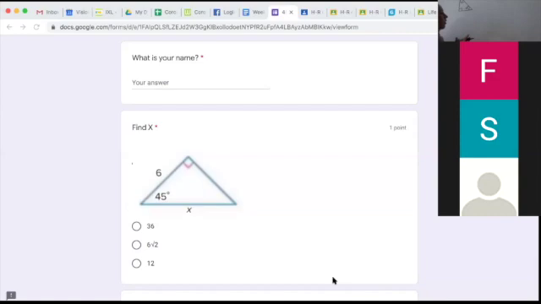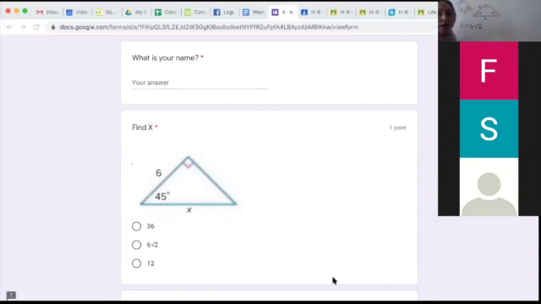For instance, in this one, I have a right triangle with 45, 45, and this side is 6, and this is x. X is my hypotenuse, and L is my side. So my side is 6, so x equals 6 square root of 2.